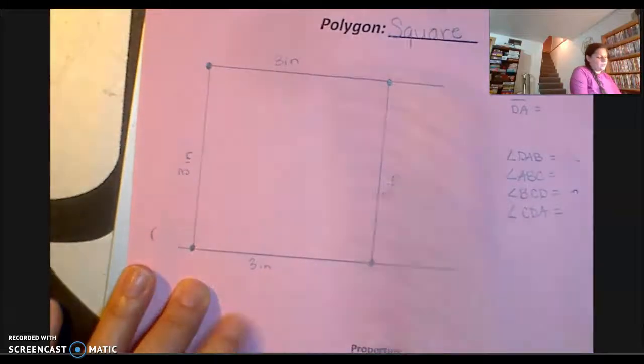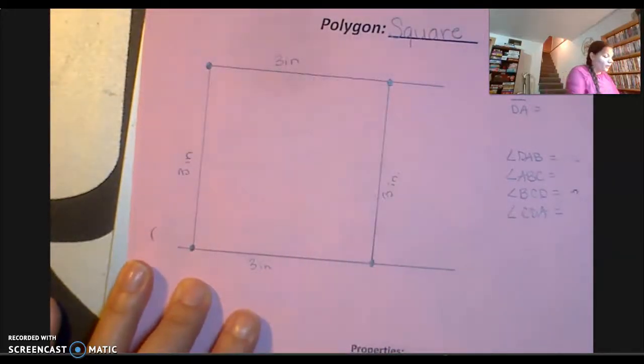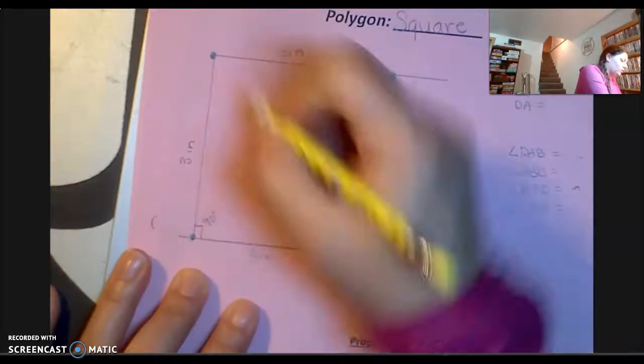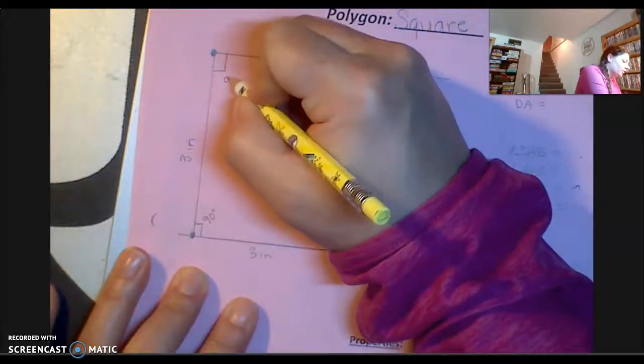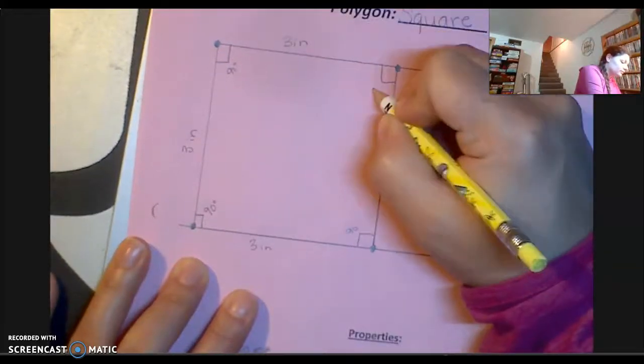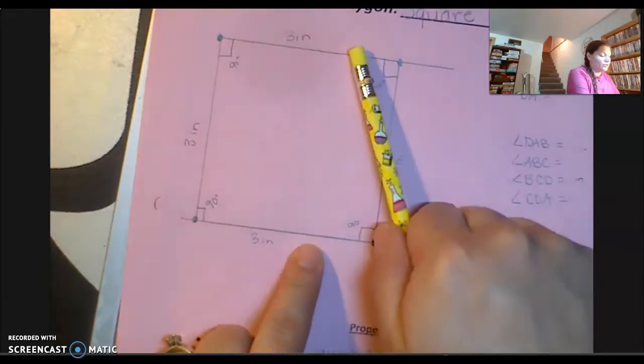In case you didn't see this one, here is 3 inches. And we know that all of these have a right 90-degree angle. So we can label 90-degree angles. And it said it has to have opposite parallel sides. Well, we used our set square to create these two sides.